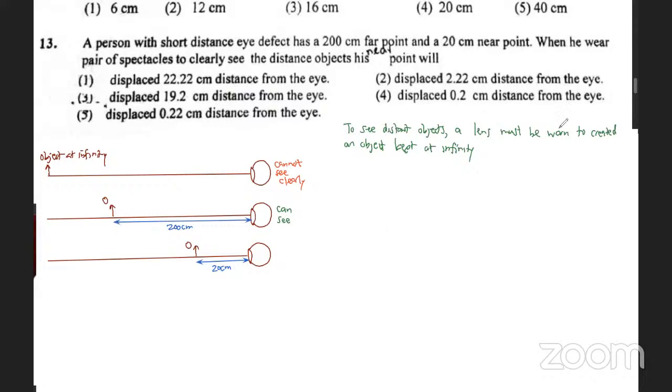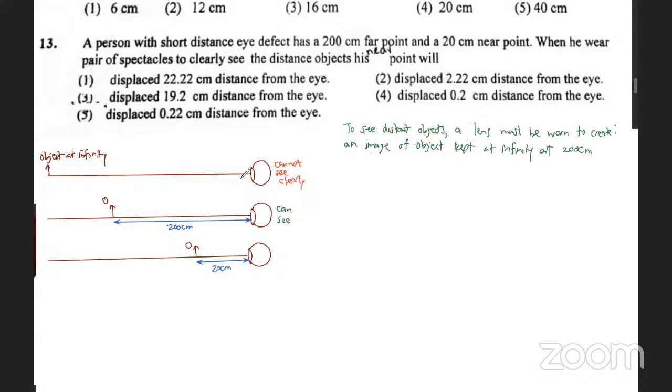So to see distant objects, a lens must be worn to create an image of an object kept at infinity, at 200 centimeters.